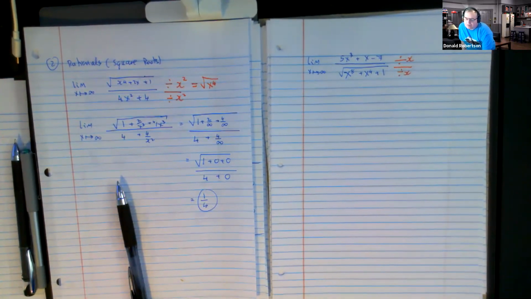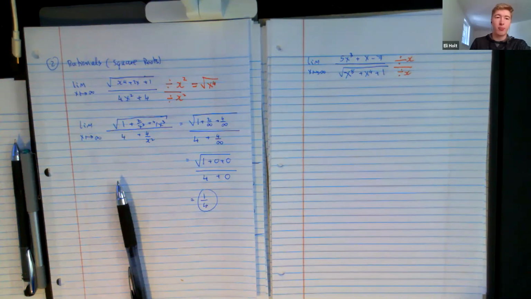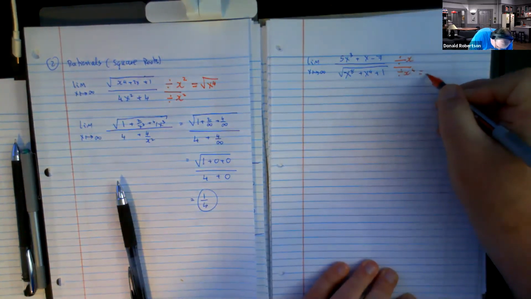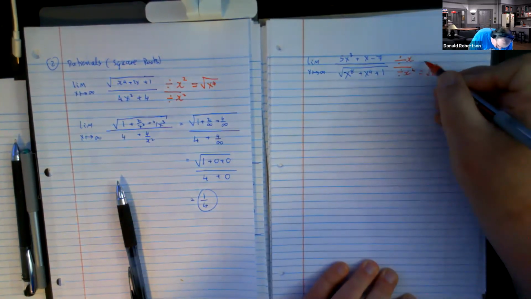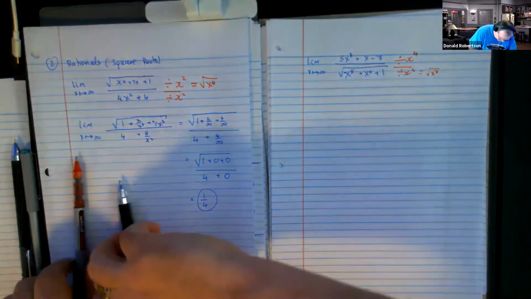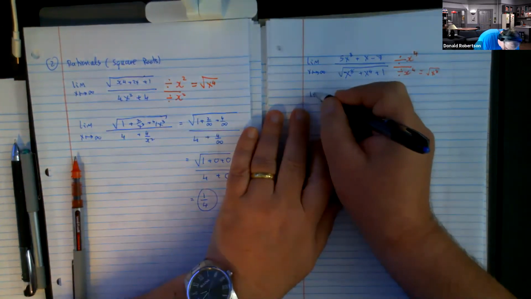Okay, the biggest power of x on the top is x cubed, but what's the biggest power on the bottom? X to the 4th. Square root of x to the 8, which is exactly x to the 4. Let's see what happens when we do this.